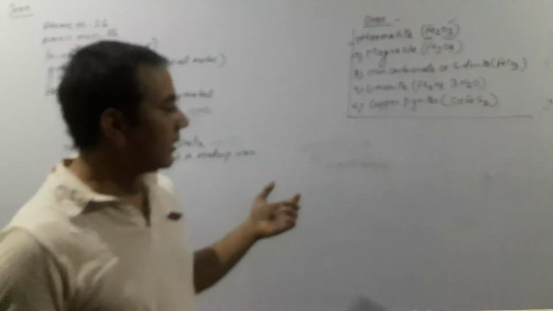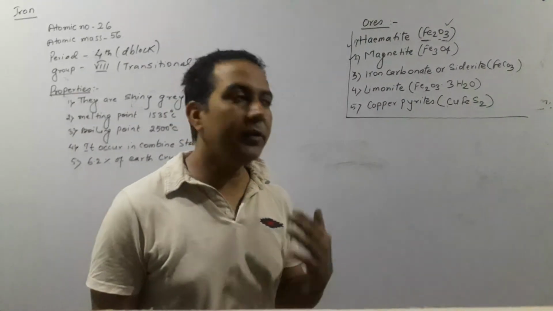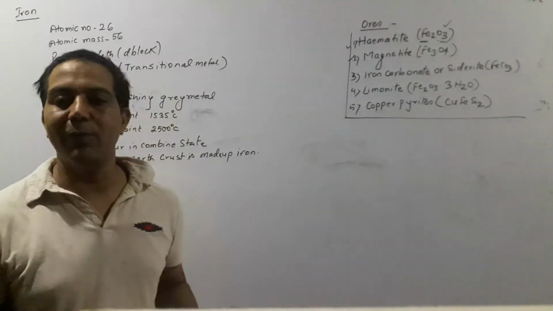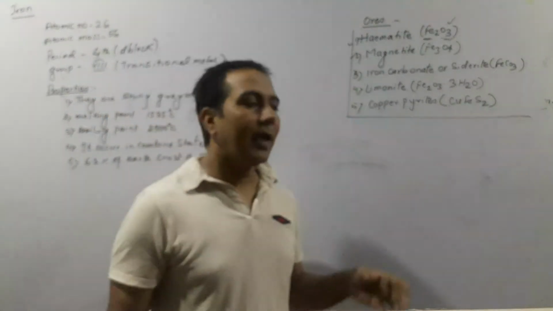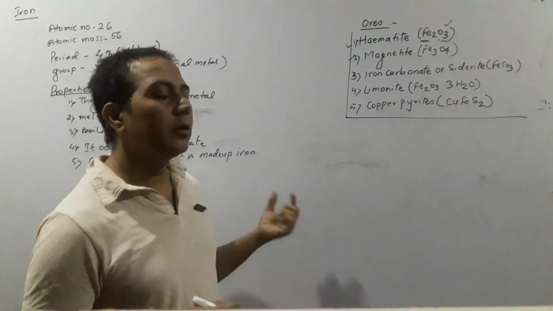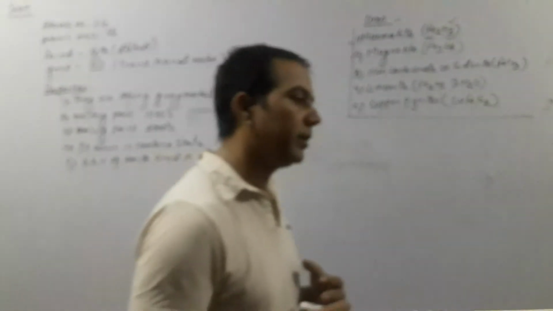So cast iron and wrought iron, what is the difference between them? The difference is that cast iron contains a large amount of carbon, but the wrought iron contains less amount of carbon, that is 1 to 2% of the carbon content.